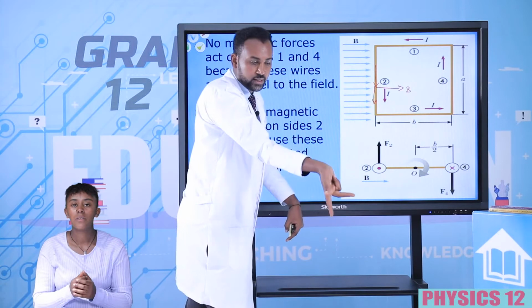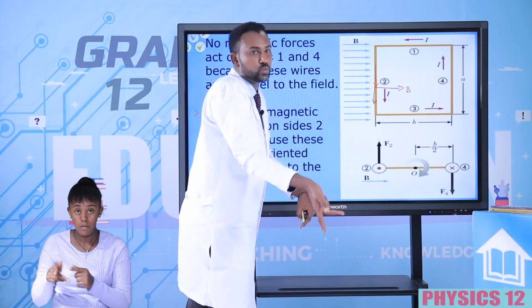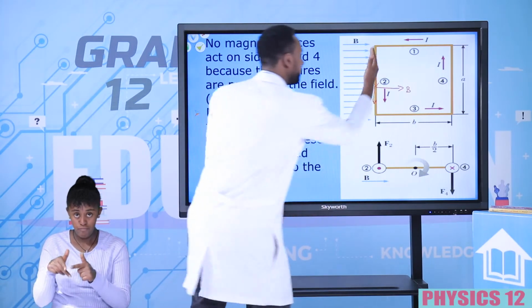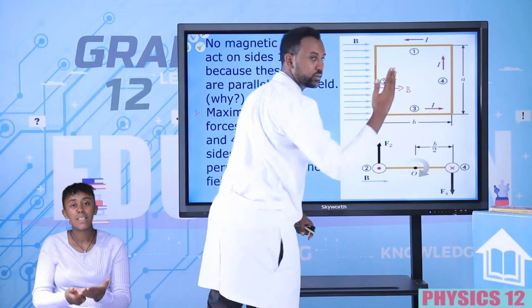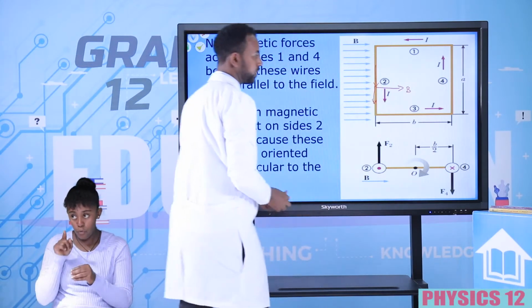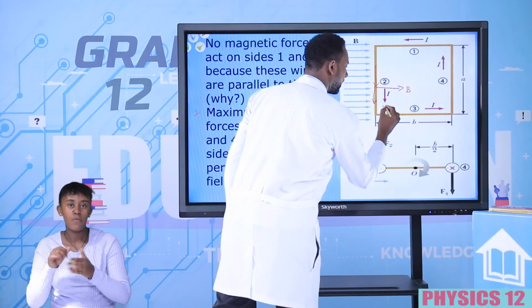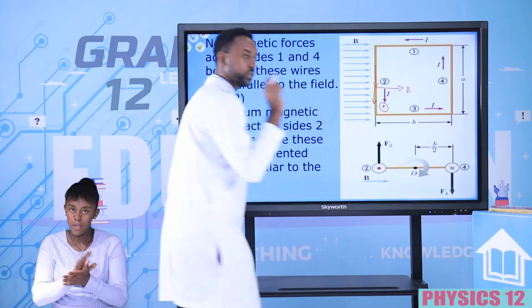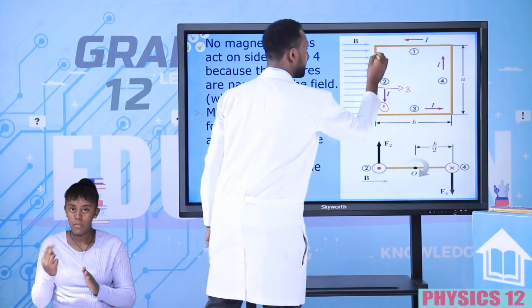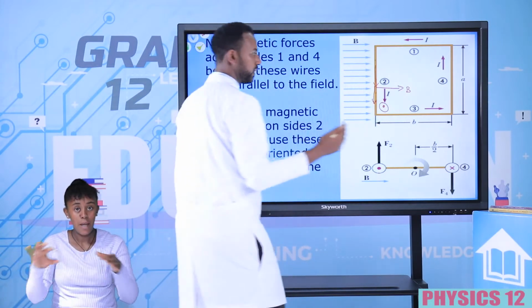So, using your right-hand rule, your thumb points towards you, meaning this segment tends to move towards you. So the force exerted here is out of the page, and out of the page can be represented using a dot.